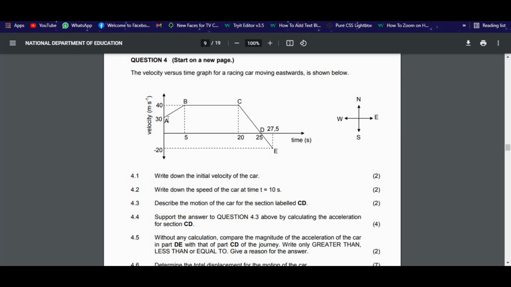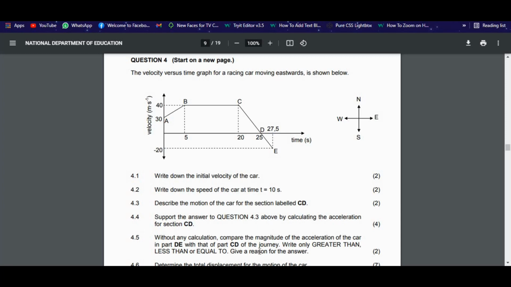Okay, so we've got different positions A, B, C, D, as well as E, and different points on the graph. Velocity obviously being measured here on the y-axis and time on the x-axis. The first question asks us to write down the initial velocity of the car. Initial velocity, now from the graph, where is it starting from?